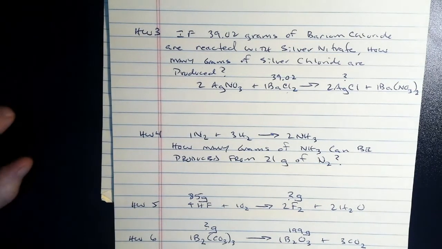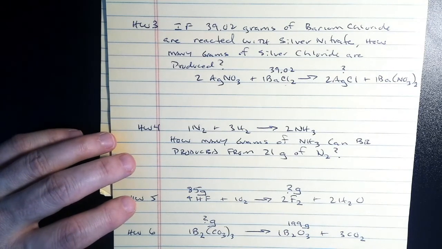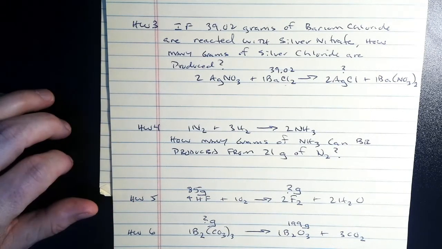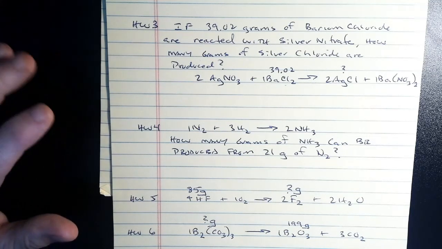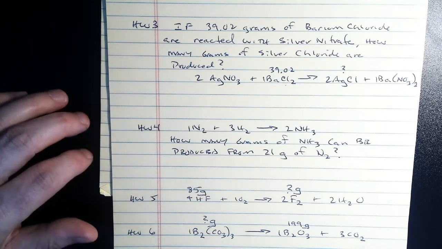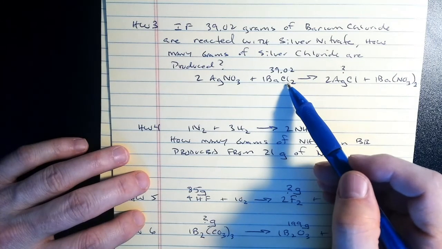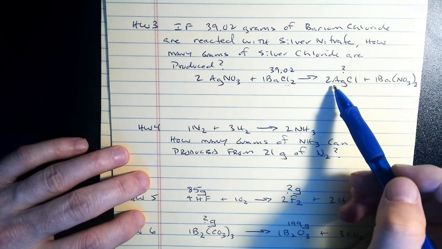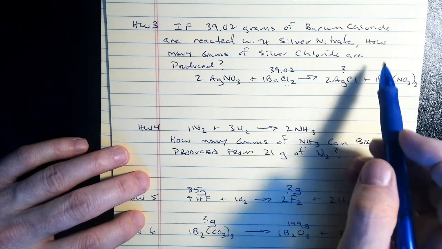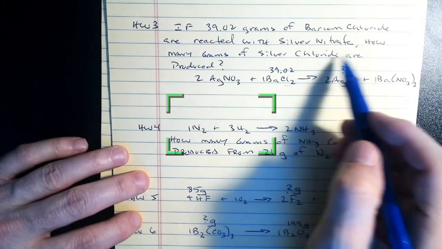So this is homework problem number 3 under stoichiometry, and you've got 39.02 grams of barium chloride are reacted with silver nitrate, excess silver nitrate. How many grams of silver chloride are produced? So I'll put the 39.02 grams of barium chloride, and the question mark goes with silver chloride right there.